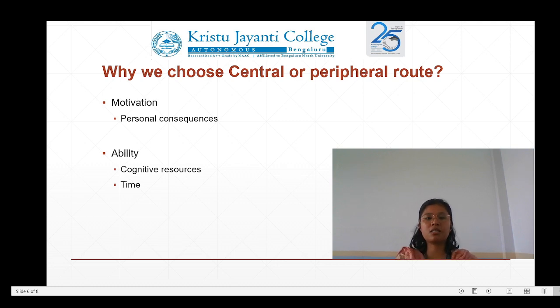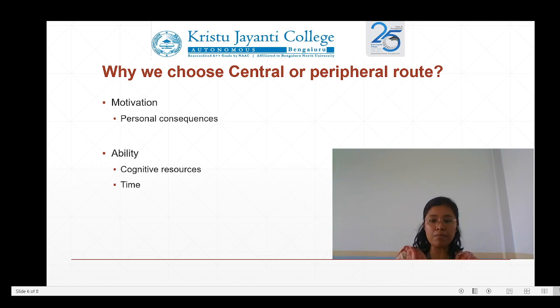The second is the ability, the ability of the recipient. So cognitive resources: if after a long day you are tired, you don't have enough cognitive resources, psychologically because of fatigue, or probably biologically you don't have the cognitive ability to really process information, then in such scenarios you also tend to use the peripheral route to persuasion.